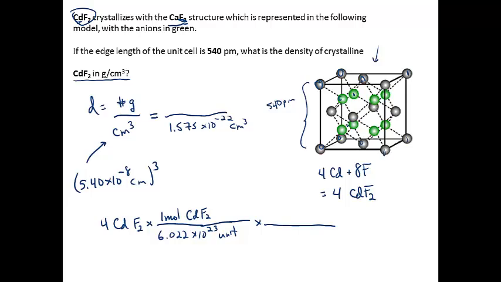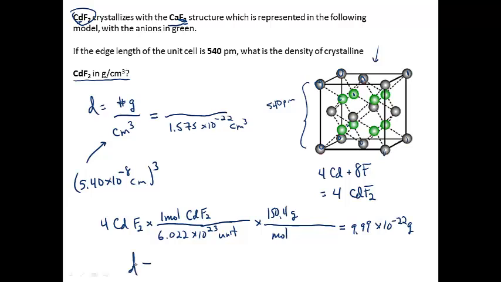It is 150.4 grams per mole. And so when we do that out, we get 9.99 times 10 to the minus 22 grams.